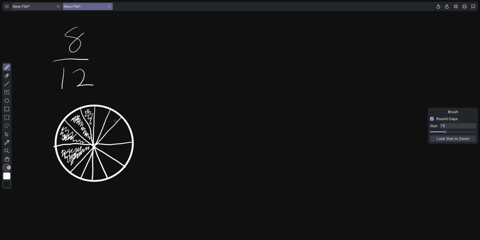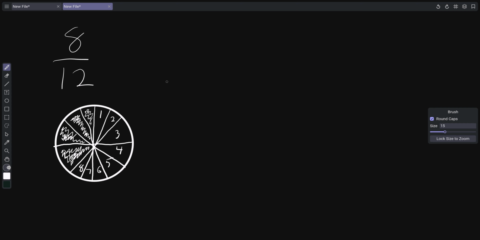And if we count what we have, 1, 2, 3, 4, 5, 6, 7, 8 out of the 12 slices remaining, which is very accurate to what our fraction is displaying here.